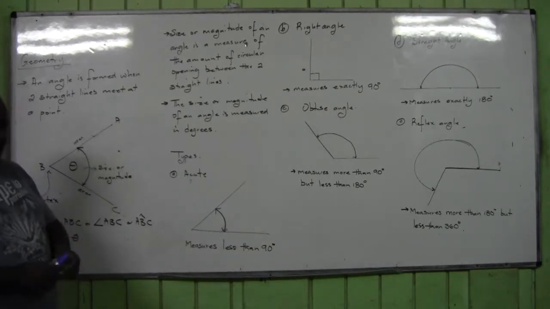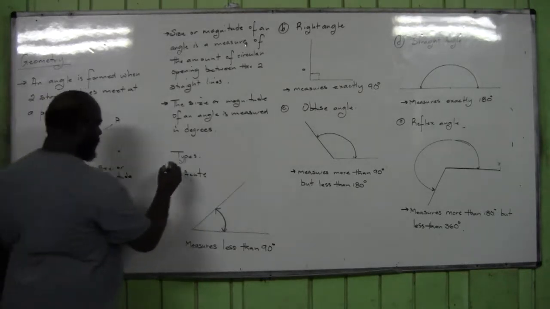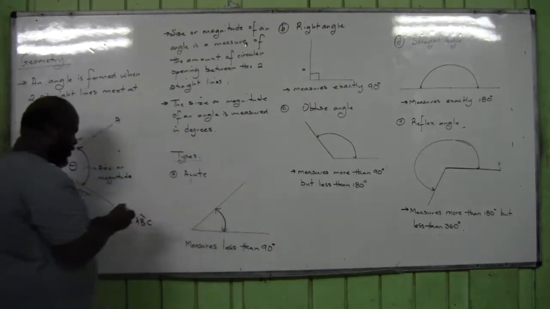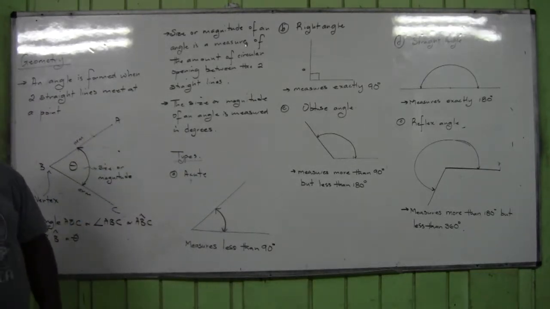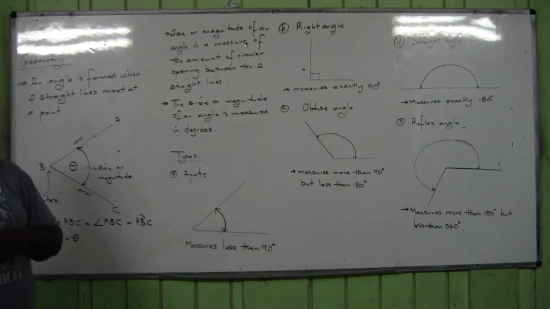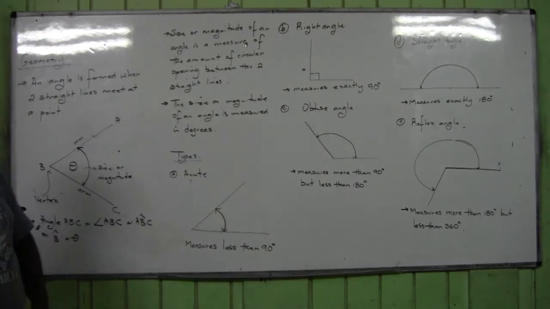Let's talk about different types of angles. Essentially, an angle is classified according to its size, the amount of opening between the two lines.